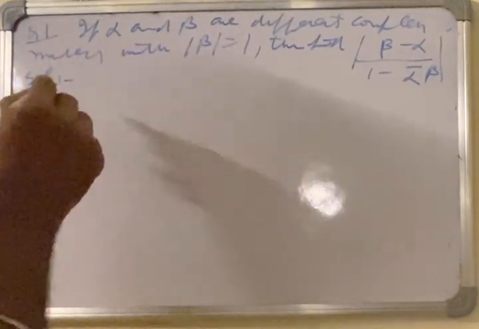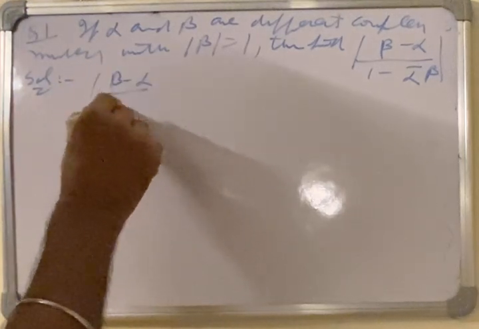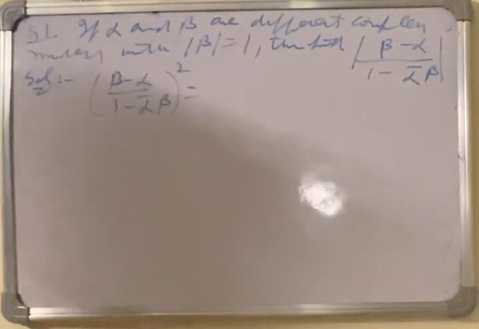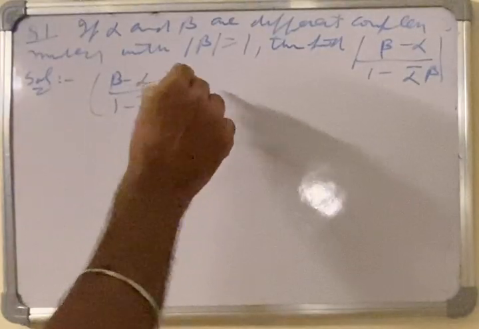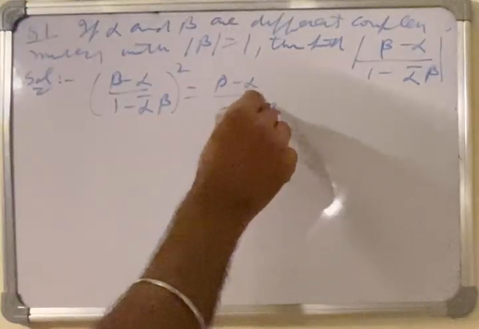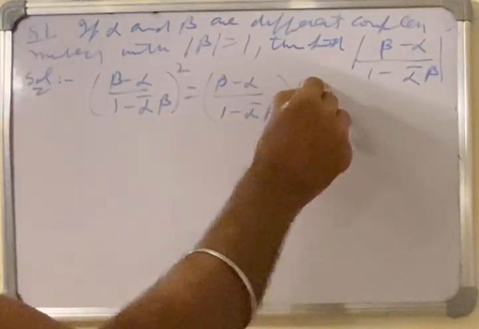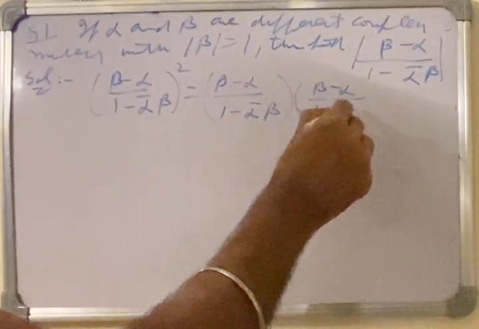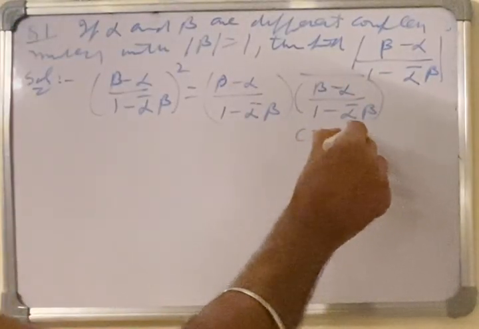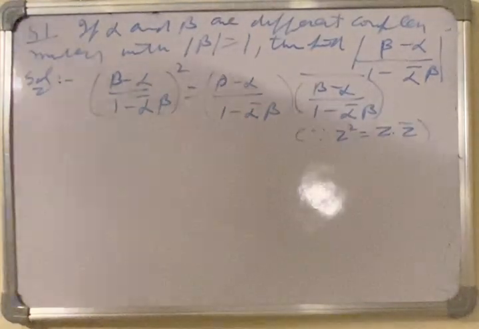To evaluate this, first we shall find the square of (beta minus alpha) over (1 minus alpha bar beta), which equals (beta minus alpha) over (1 minus alpha bar beta) into its conjugate, since mod z square is equal to z into conjugate of z.